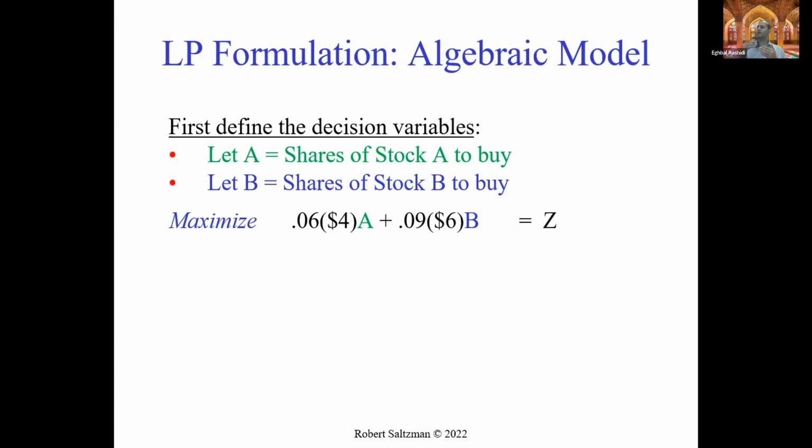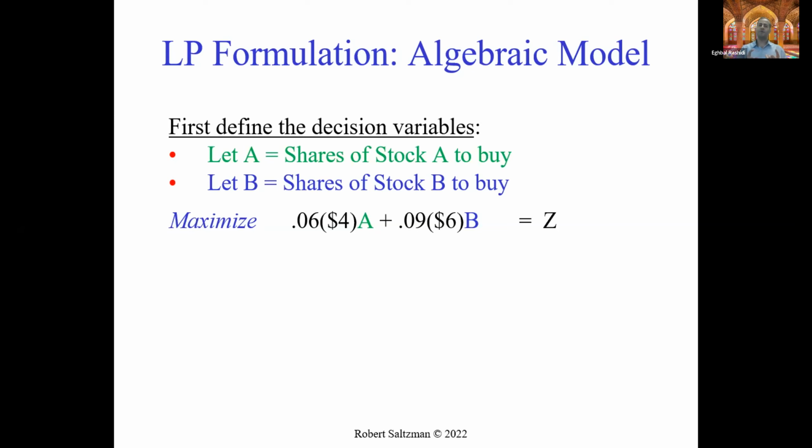That is multiplied by the price of the stock, which is $6, multiplied by how many of stock B you would purchase, which is just B. So your objective function is 6% multiplied by $4, which is 24 cents, multiplied by A, plus 9% multiplied by $6 multiplied by B. We usually call the objective function Z. This is our objective function, and we want to maximize it. This is the total return of investment in stocks A and B in a year.